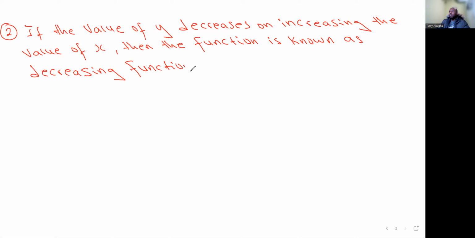This is basically the opposite of an increasing function. So basically, it looks like this.